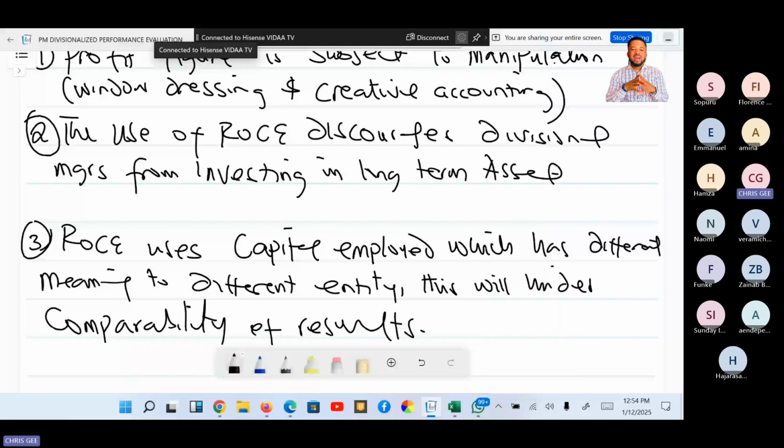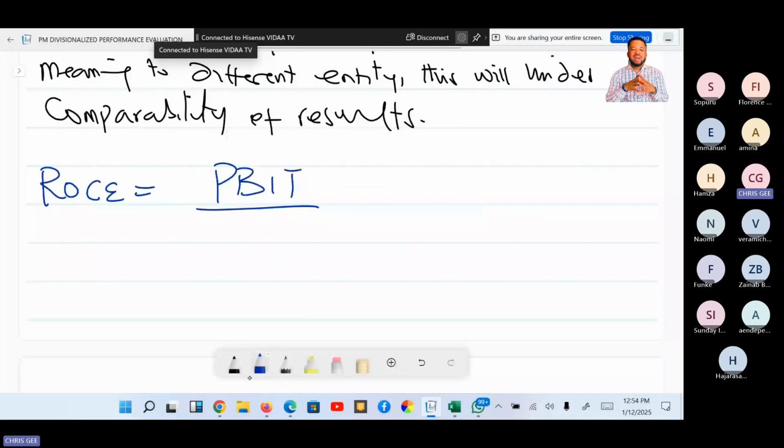Okay. So the use of RoCE discourages managers. Now let me move the screen. We said RoCE equals EBIT divided by capital employed, multiplied by 100 over 1. This is how you calculate RoCE.